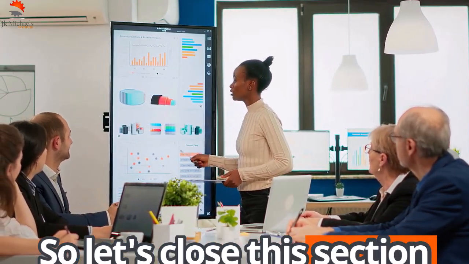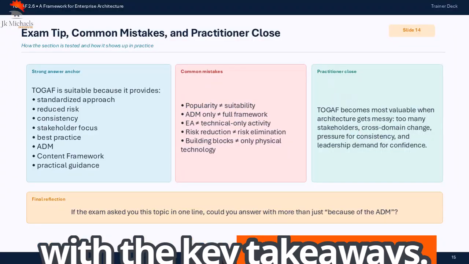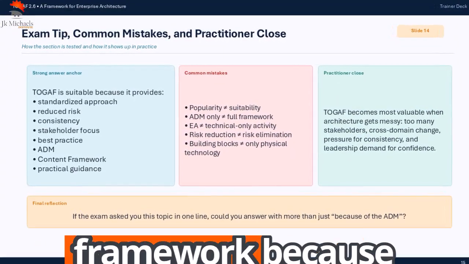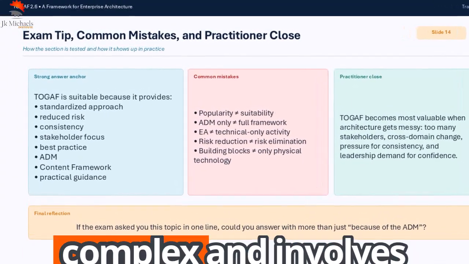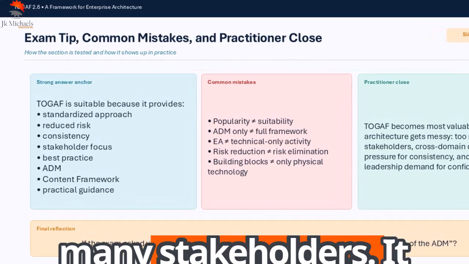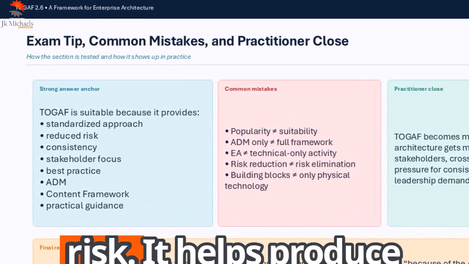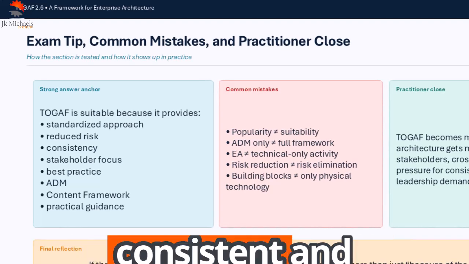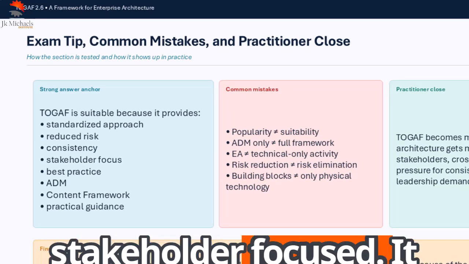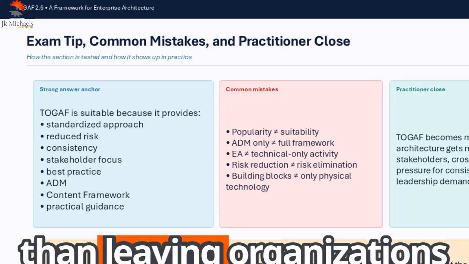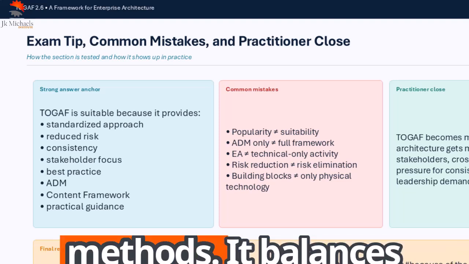So let's close this section with the key takeaways. TOGAF is suitable as a framework because enterprise architecture is complex and involves many stakeholders. It provides a standardized approach that reduces risk. It helps produce architecture that is consistent and stakeholder-focused. It uses best practices rather than leaving organizations to invent their own methods.